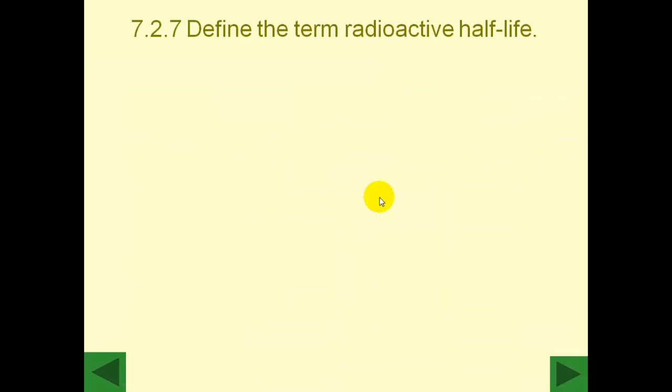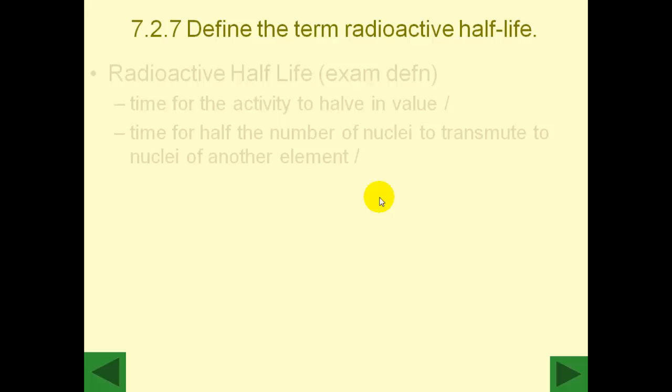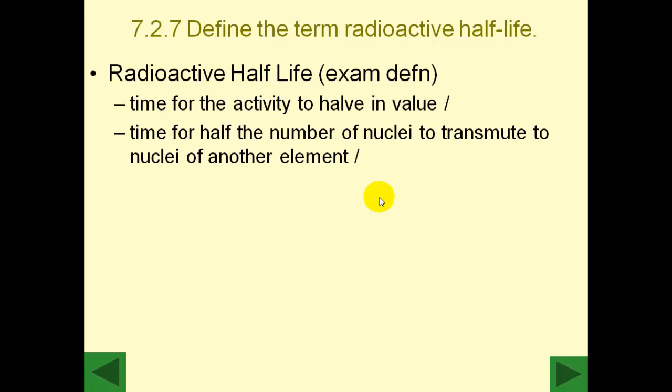Okay, you need to define the term radioactive half-life. From a past paper exam, the radioactive half-life is the time for the activity to halve in value, or the time for half the number of nuclei to transmute to nuclei of another element.